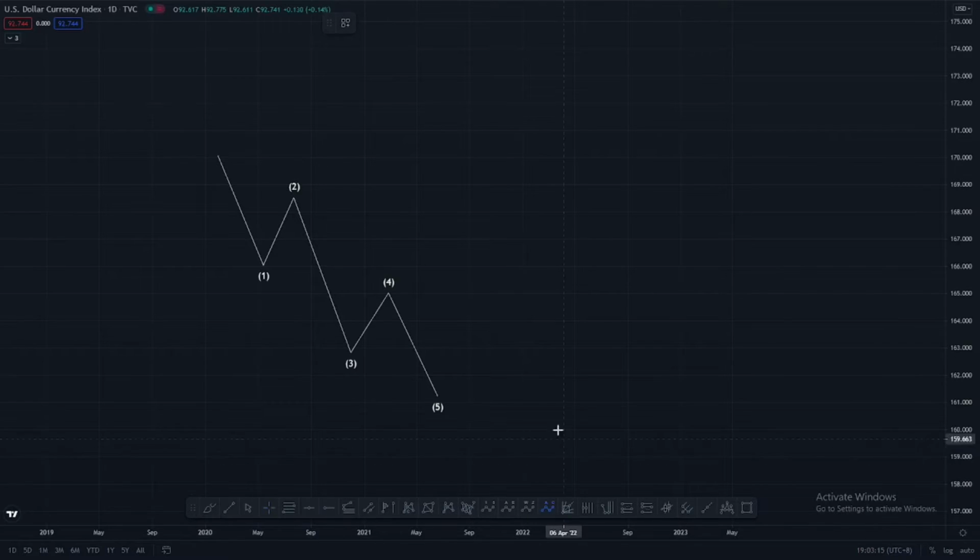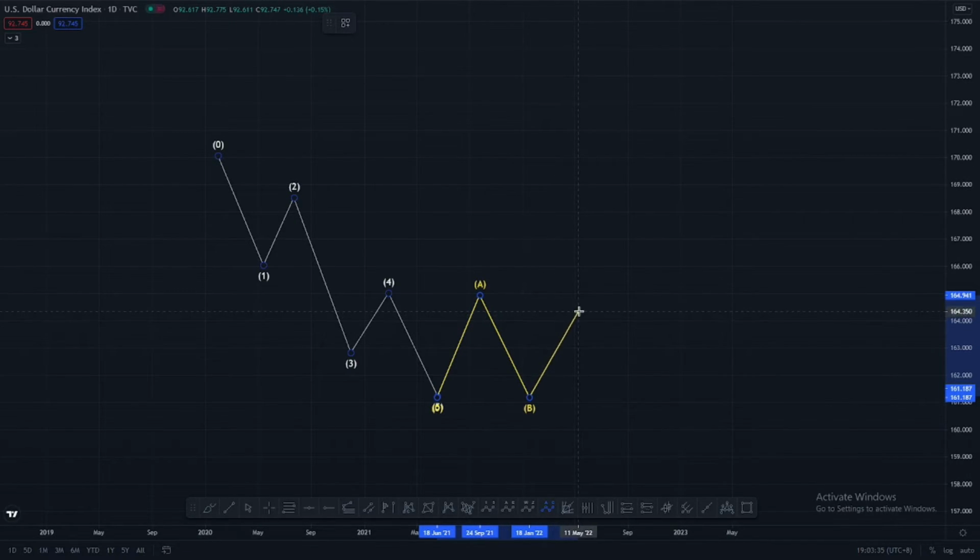So you see that we have the A, B, C. We have our A right here, then the B right here, then C. As C is going, you don't know where C is going to end. So what do you notice? You notice that this is a potential flat pattern.